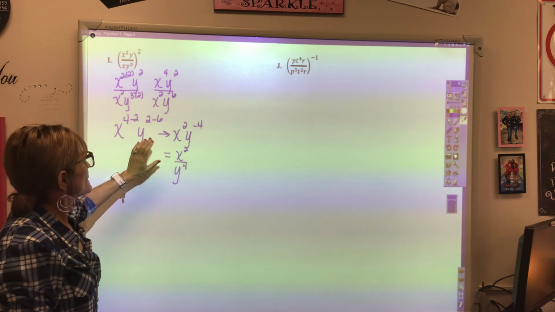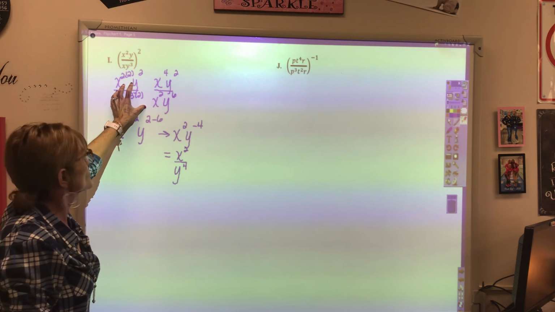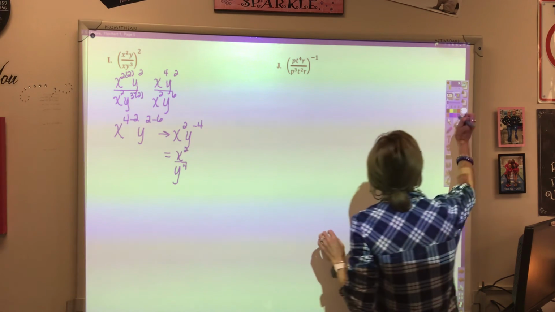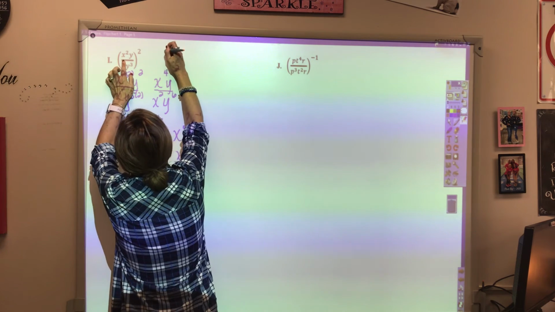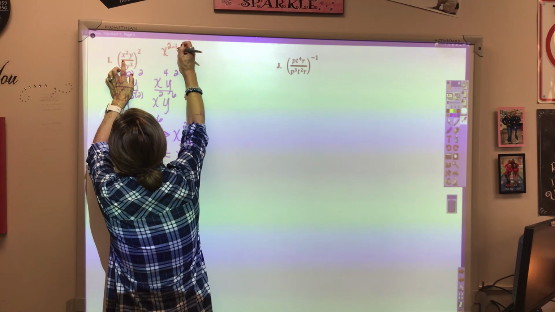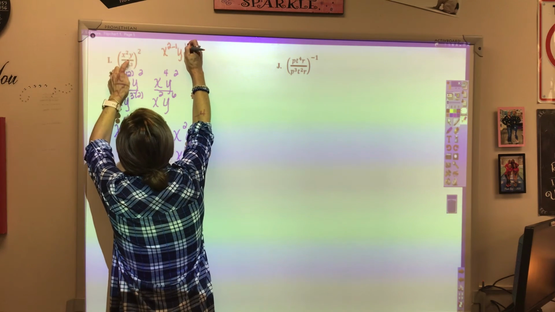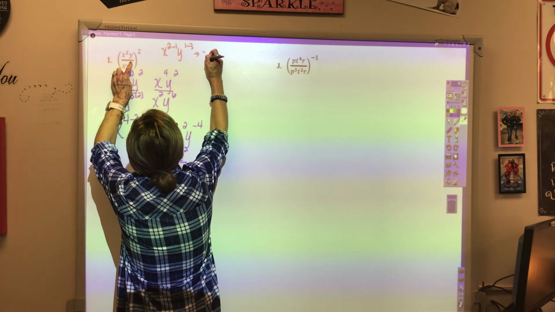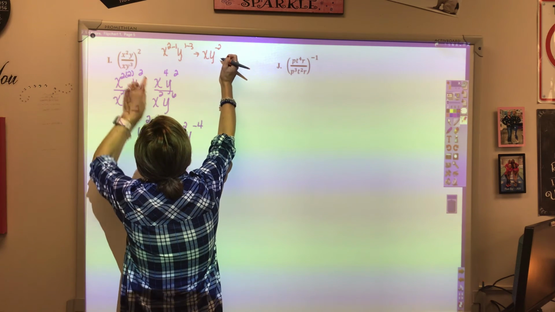Now I'm going to also give you a suggestion that would make this one a lot quicker. Another way you can do it is to simplify within the parentheses first. So if I did it that way, let me just change colors. What I could do is I would have an x to the 2 minus 1 right here, and I'd have a y to the 1 minus 3. That would give me an x, y to the negative 2.